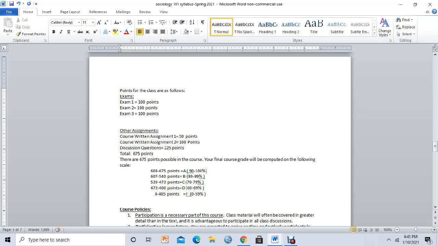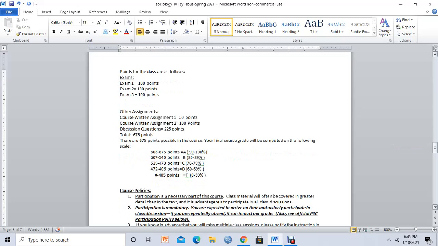So we're looking at a total of 675 points. Now, when we look at the final grade, we need 608 to 675 to get an A, which is 90 to 100%. 607 to 540 for a B, 539 to 473 for a C.